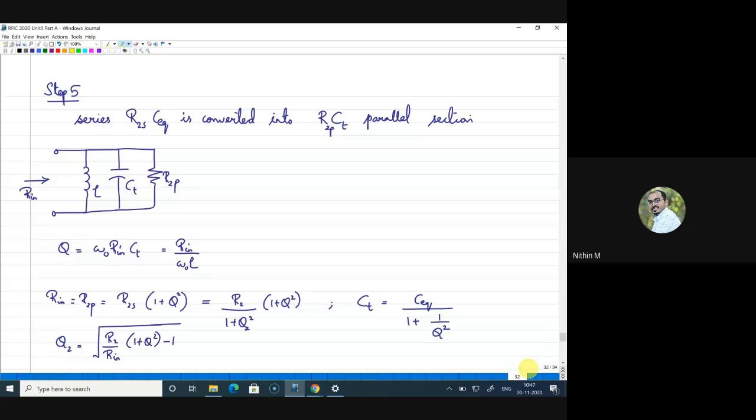Yeah, Purushottam, it is 199 pico. Now, what about other values? I should get the values of C1 and C2.